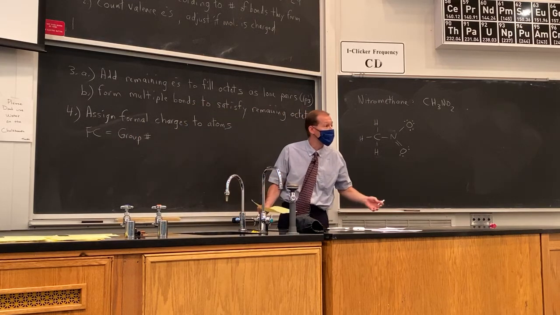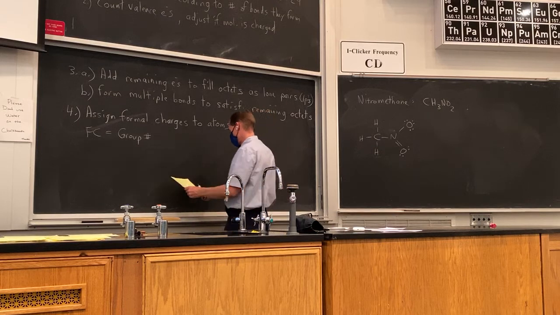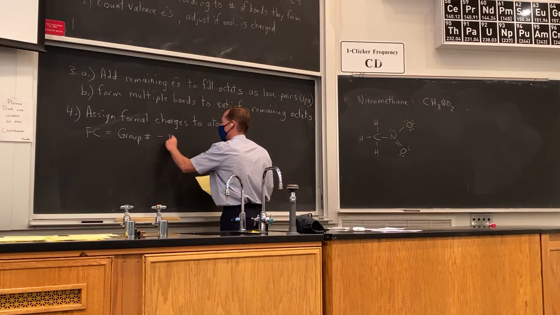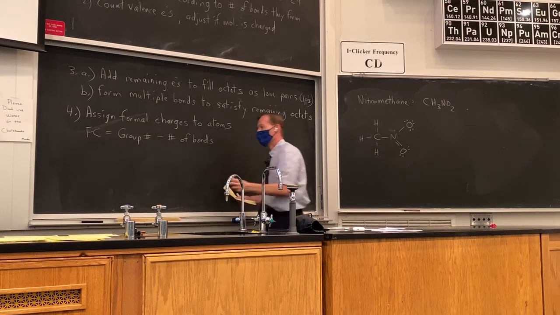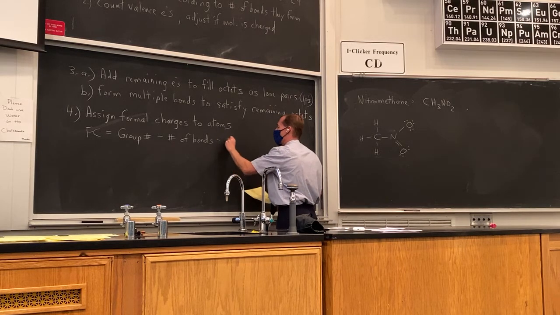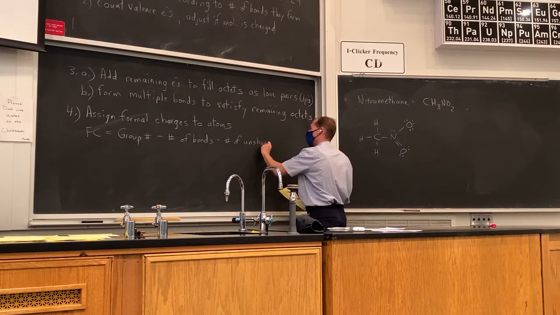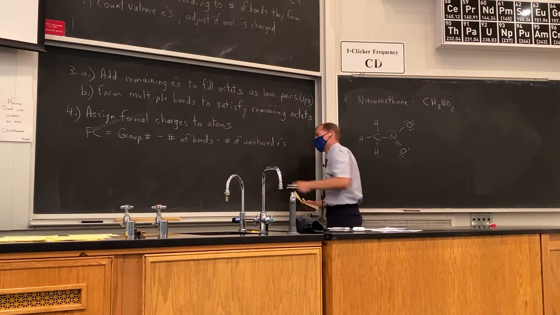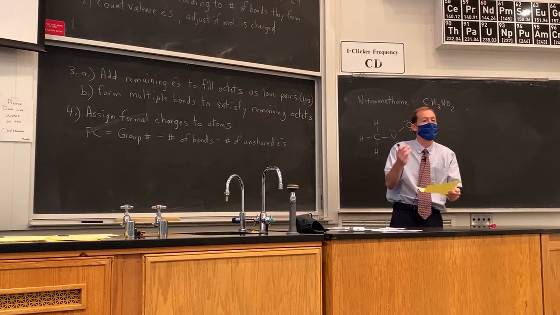That information comes from the periodic table. So you take the group number and you subtract the number of bonds from that group number. And then you subtract the number of unshared electrons. Not the number of lone pairs, the total number of electrons on that atom that are not shared.